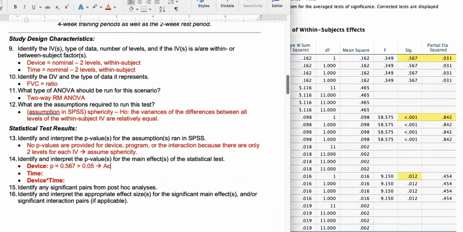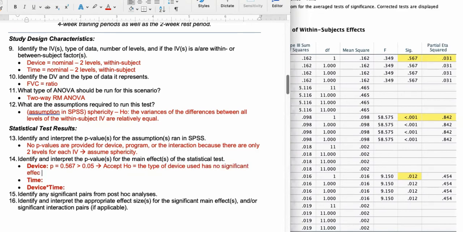So if we accept the null, we would end up saying that the type of device used has no significant effect on FVC, or you could put pulmonary function as well. And this is regardless of when FVC is measured.